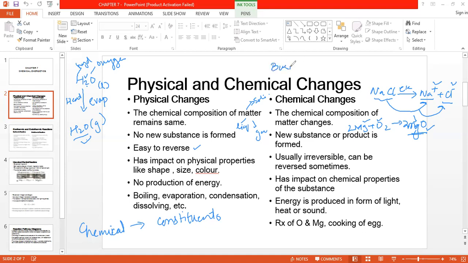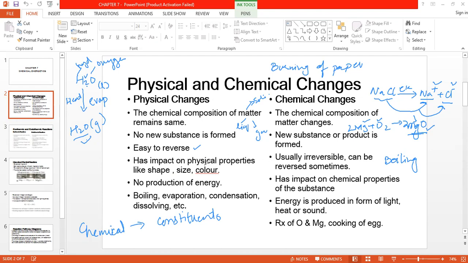Another example is boiling of an egg. If an egg is boiled, you are not able to convert it back into a proper egg that was not boiled. So chemical changes are usually irreversible, and sometimes they can be reversed, but it depends upon the conditions.